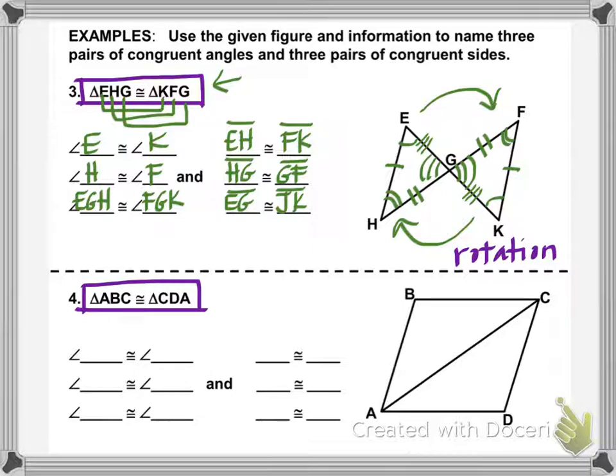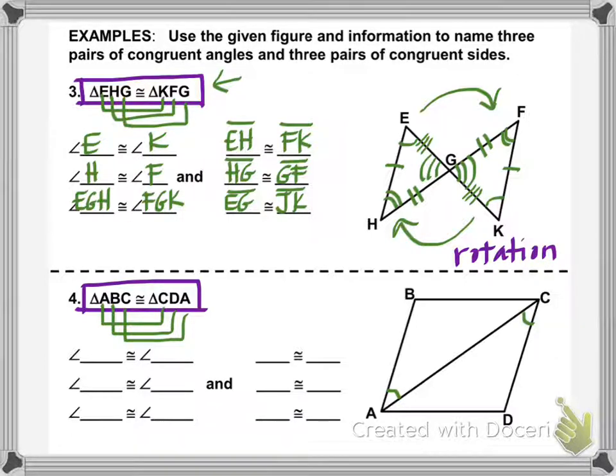All right, let's look at the second example. A goes with C, B goes with D, C goes with A. So angle A, or vertex A on triangle ABC goes with vertex C on triangle CDA.